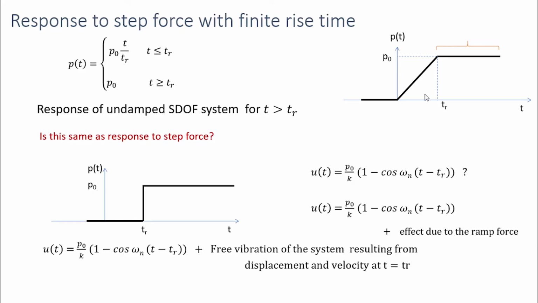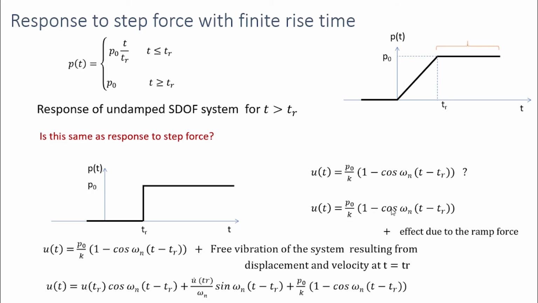So we need to calculate the response due to this ramp function at T equal to TR, the velocity and the displacement, and using that we have to calculate that free vibration component and add to this step force response. Our total response would be this response due to the step force alone, and the first two terms are the free vibration response due to the condition at T equal to TR, and that is because of the ramp force.